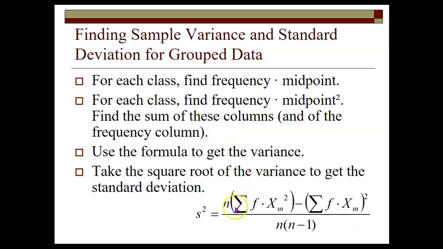And then you use this formula here: n times the sum of frequency times midpoint squared, minus the sum of frequency times midpoint, squared, divided by n times n minus 1 to get the variance, and then you take the square root of the variance to get the standard deviation.